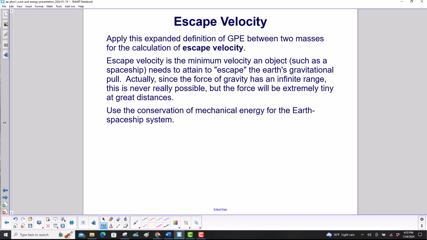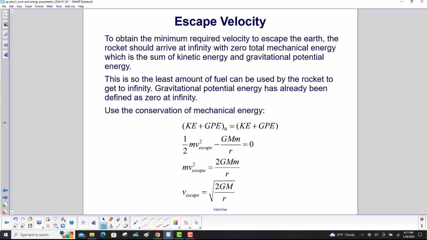And we're going to use the conservation of mechanical energy for the Earth-spaceship system. To obtain the minimum required velocity to escape the Earth, the rocket should arrive at infinity with zero total mechanical energy, which is the sum of kinetic energy and gravitational potential energy. This is so the least amount of fuel can be used by the rocket to get to infinity.